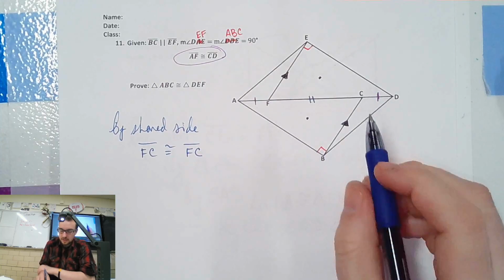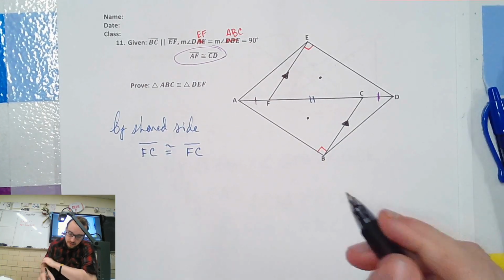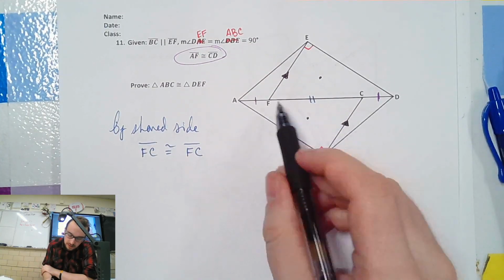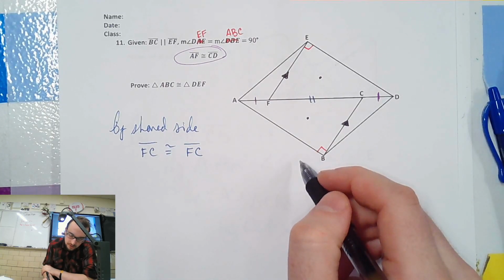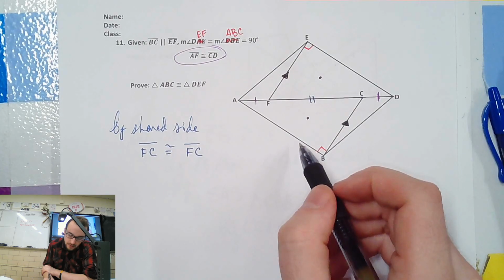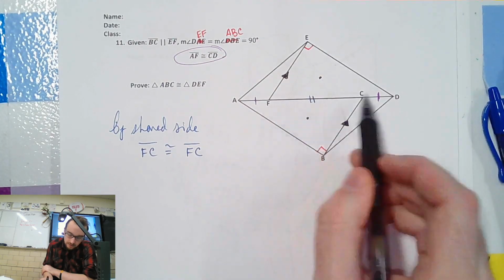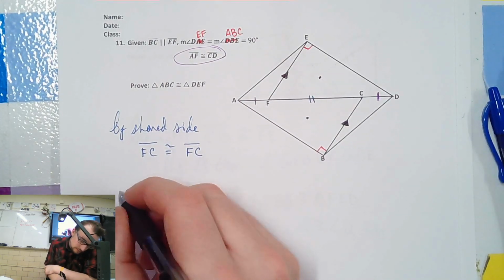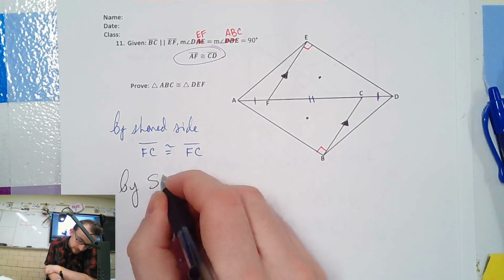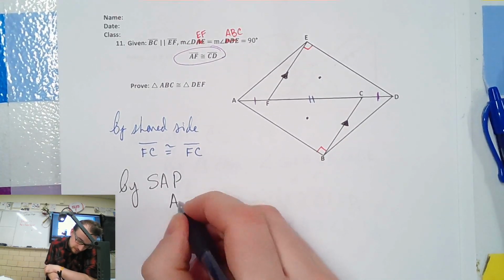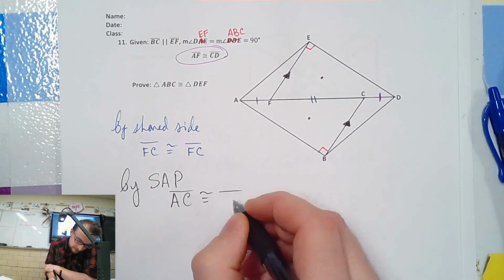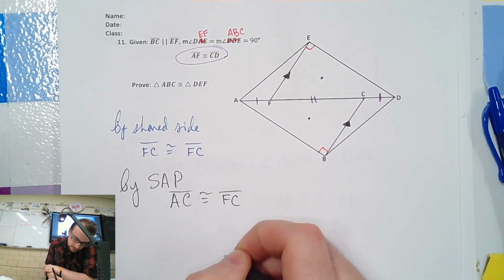Purple plus blue makes it up, so we know AC and FD are congruent. Let me restate that. AC and FD. Okay, so we know by segment addition, AC, FC, or FD.